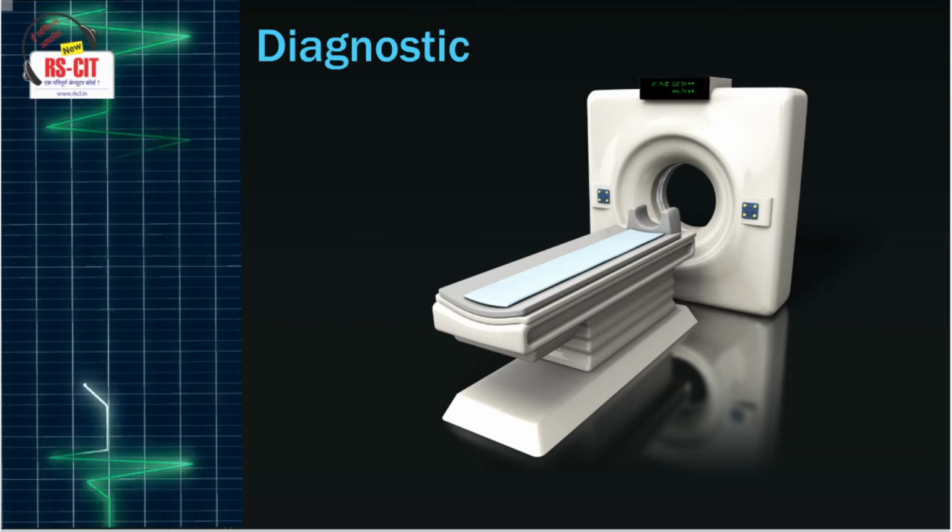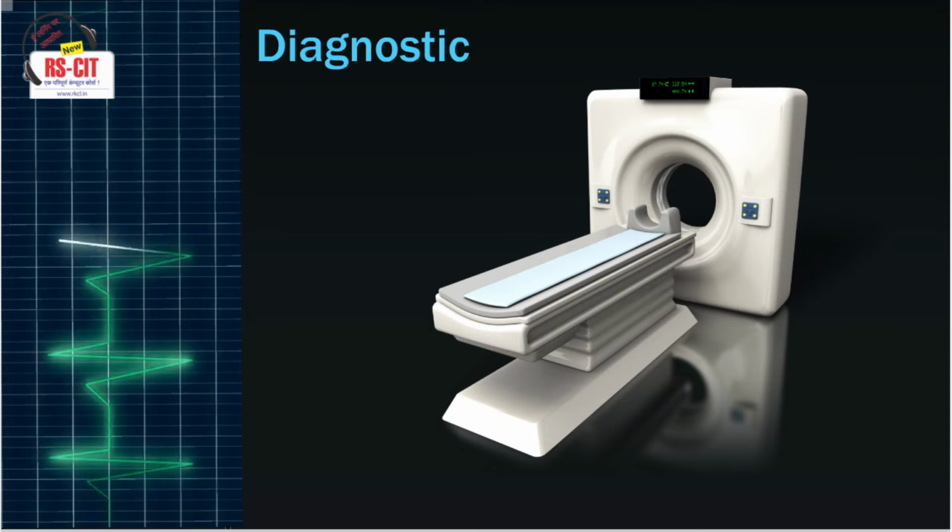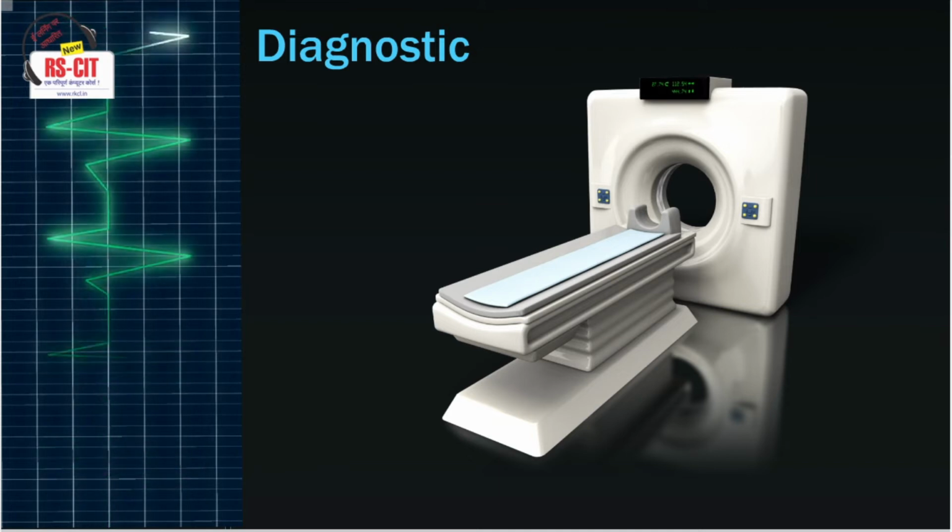X-rays and CT scans, that is, computed tomography scans, use radiation to produce images of a patient's internal structure to search for abnormalities. X-rays allow for viewing of the internal structure of the patient from one perspective.